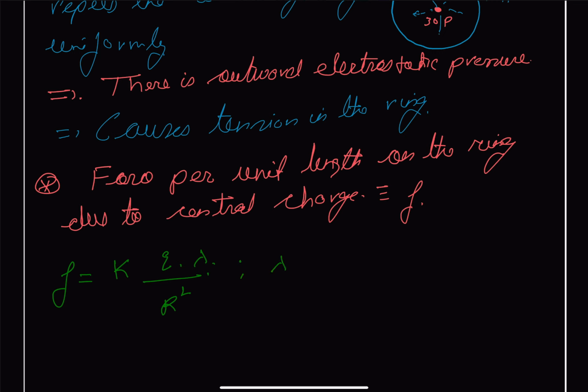So lambda is equal to charge density, sorry, not intensity. So this is the charge density of the ring, and we can easily find the value of lambda. Lambda will be equal to the total charge on the ring, that is Q divided by 2 pi r, and r is the radius.